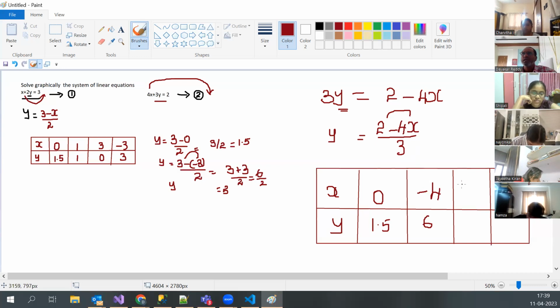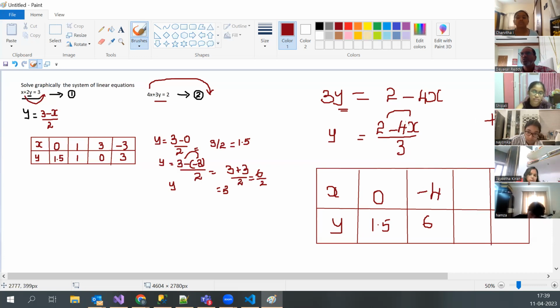If I take 3, what happened? 4 threes are 12. Don't take 12, because you'll get some decimal value. Let's take 2 and minus 2.